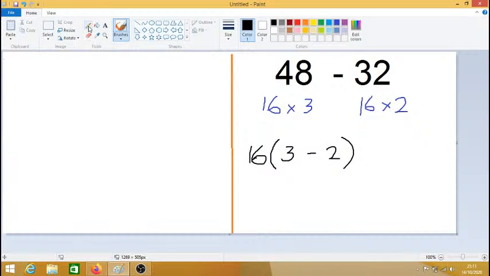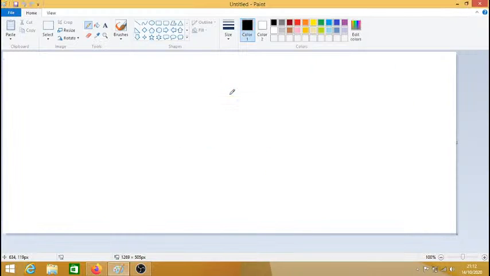So notice how we've pulled out the common factor of 16 from both the 16 times the 3 and the 16 times the 2, leaving just the 3 and the minus 2 to go in the brackets. So that's very, very easy, just so that you understand what's going on.